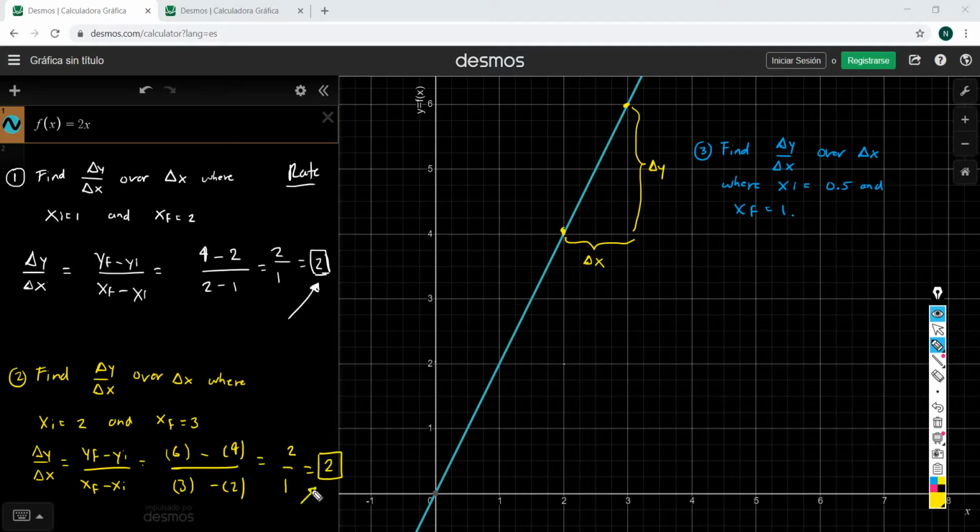Which makes sense. Why? Because this is a linear function, and the principal feature of a linear function is that the rate of change of the variable y with respect to x is always the same. It's proportional.